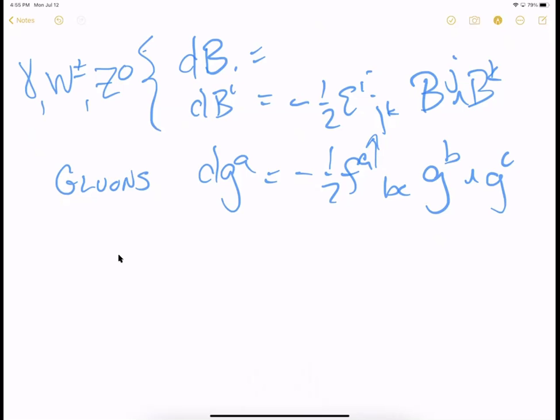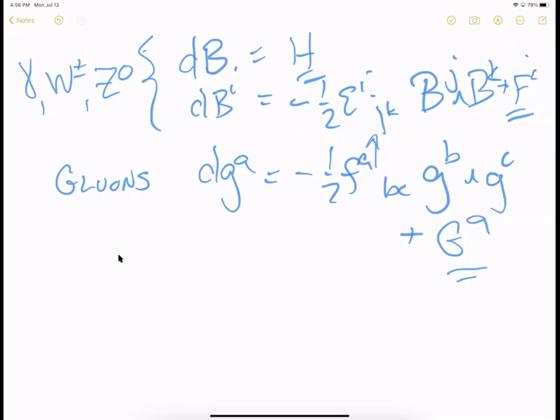So this becomes some field H. Here we're going to have, let's call it F, and here we're going to have G^A. And those are the field strengths, like the Faraday tensor for electromagnetism. Those are the field strengths of the gauge particles. So the gauge particles are bosonic. These are all vector particles, like the photon.